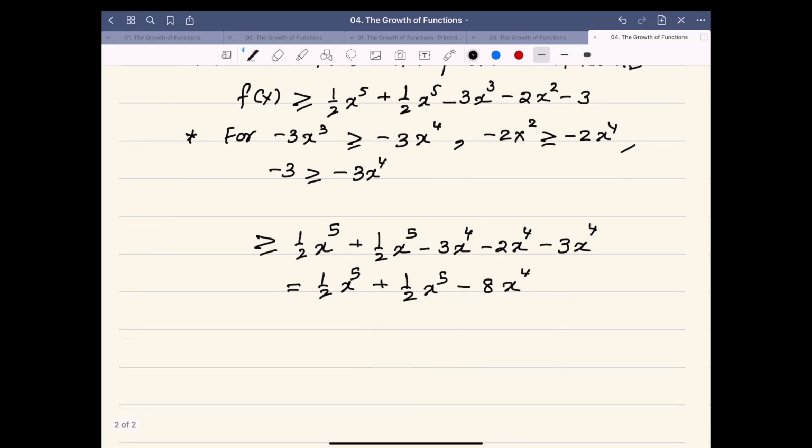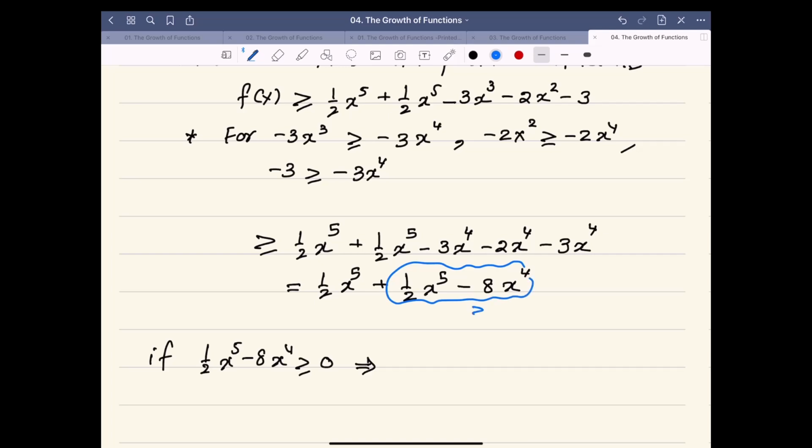When you look at the last polynomial, if you prove that this is positive, so let us write it down. If half x raised to power 5 minus 8x raised to power 4, if we can prove that it is greater than or equal to 0, let me circle it. So I will just circle it.